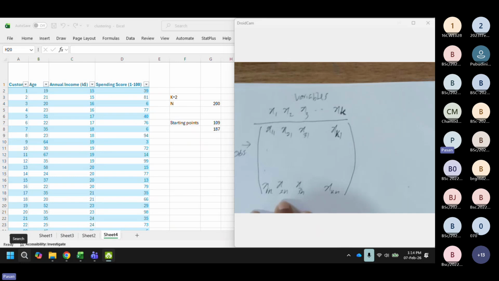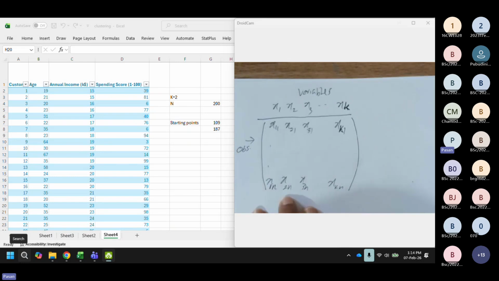So we can group in either way: grouping in terms of variables and grouping in terms of observations. And we talked about grouping in terms of the variables being called factor analysis.